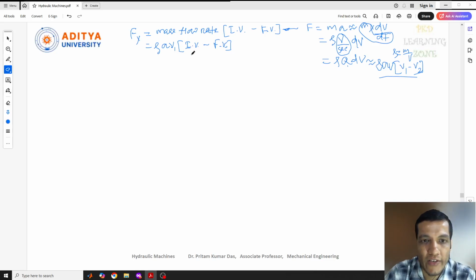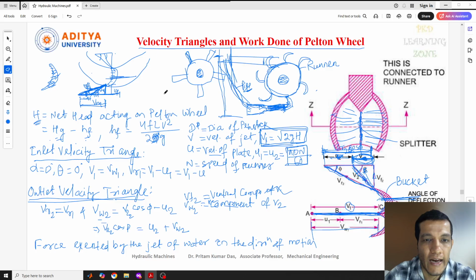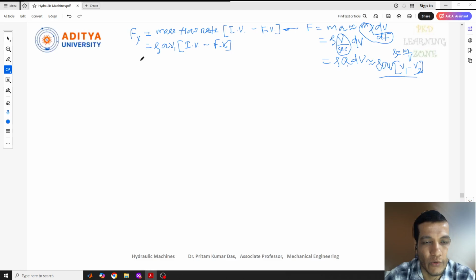And what is the initial velocity? For the initial velocity, we need to consider VR1, the relative velocity at inlet condition. So here we can write rho A V1, and this is the initial velocity, VR1, minus VR2 at the outlet condition.